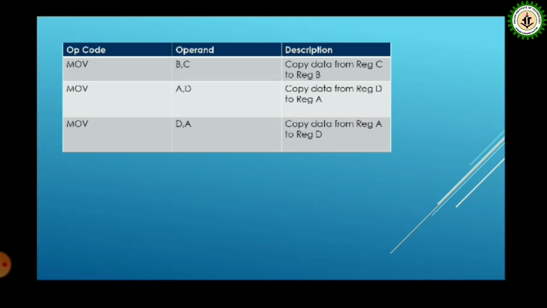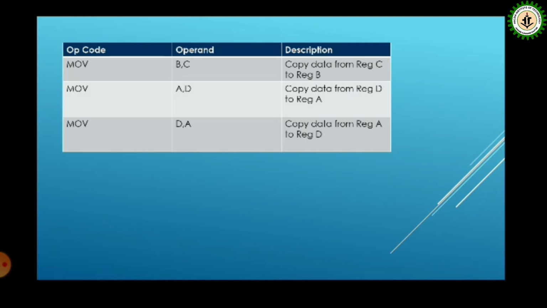So the examples: MOV B, C, copy data from register C to register B. If register C contains 4AH, remember it is a hexadecimal number system, so 0 to 9, then A, B, C, D, E, F. MOV A, D, copy data from register D to register A. MOV D, A, copy data from register A to register D.